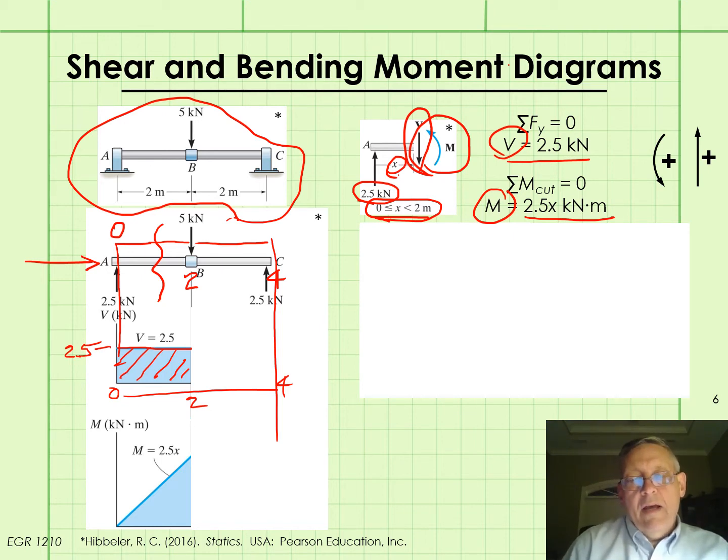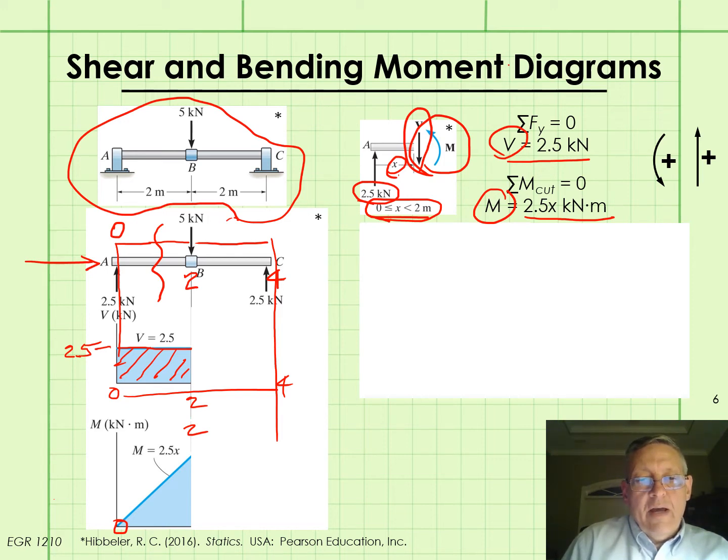And then M is 2.5x. So when x equals 0, M equals 0 down here. And when x equals 2, M equals 5. So we'd plot that there.